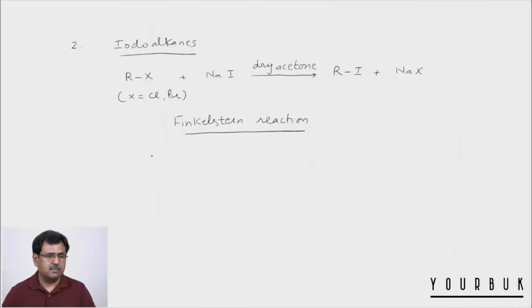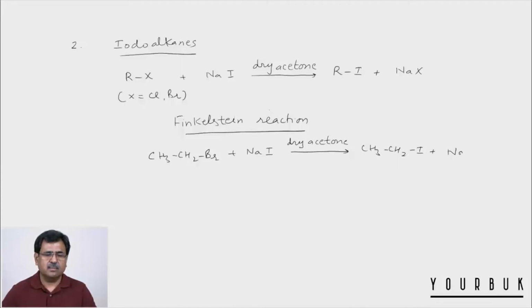Now we will take one example: CH3CH2Br on reaction with sodium iodide in the presence of dry acetone gives CH3CH2I plus NaBr. We can take one more example.